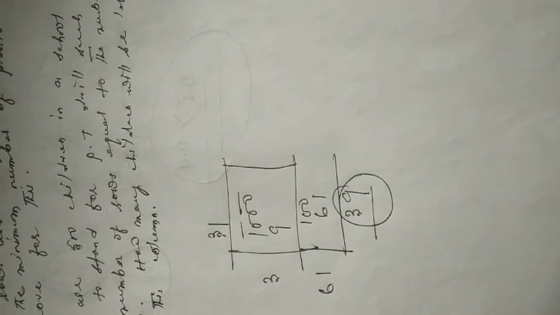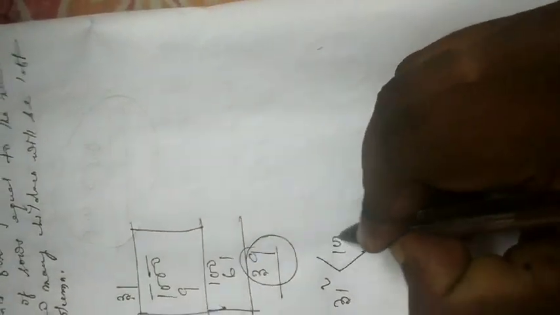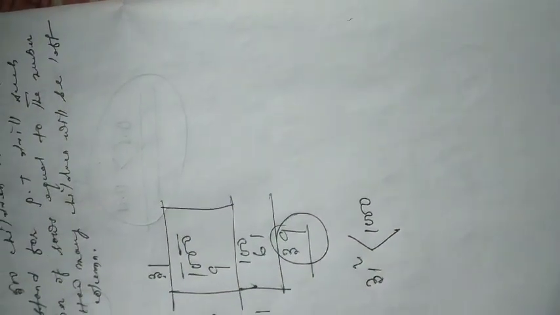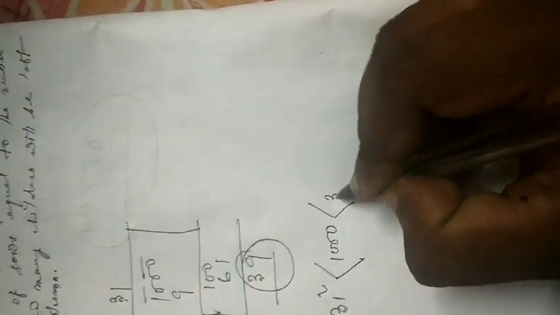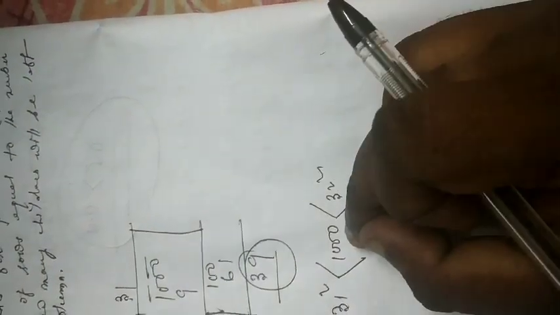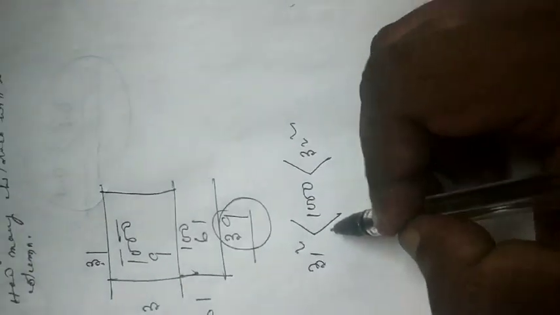So children, as we can see here, 31 square is smaller than 1000, but if I take 32 square, that is bigger than 1000. Children, this is a portion which you have to understand.